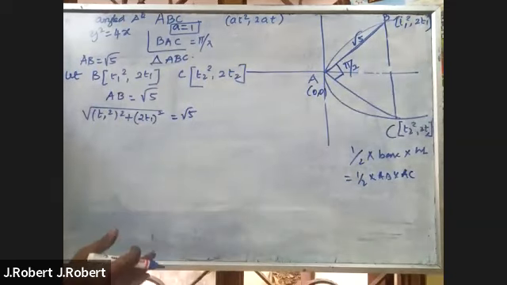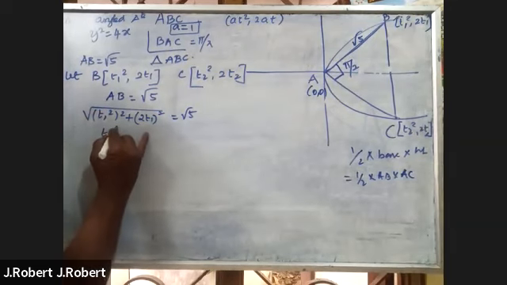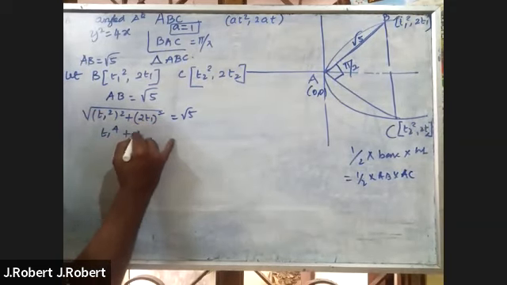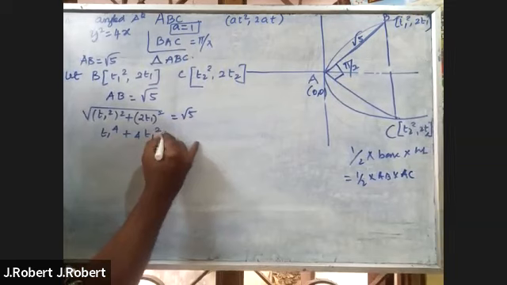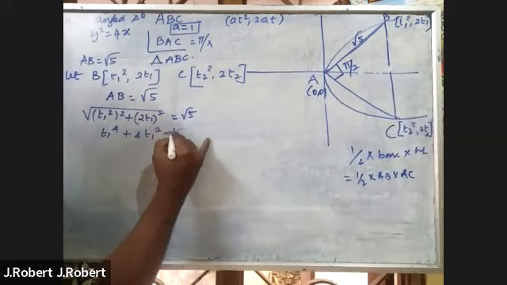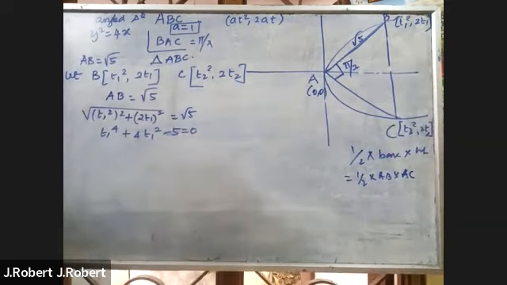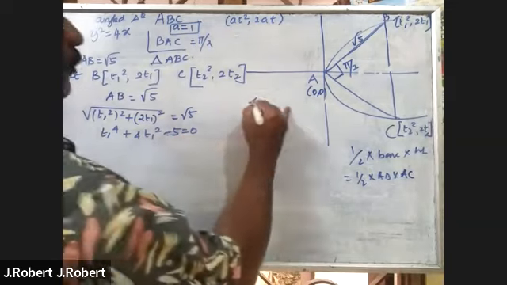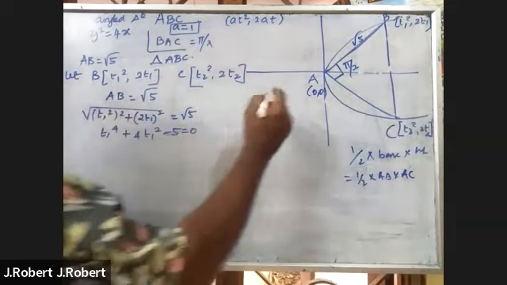Removing the square root, I'll get t1 power 4 plus 4 t1 square equals 5, or bring this 5 to this side, minus 5 equal to 0.